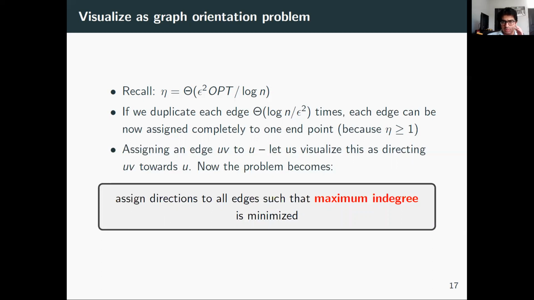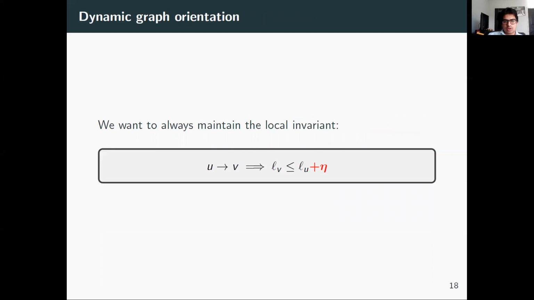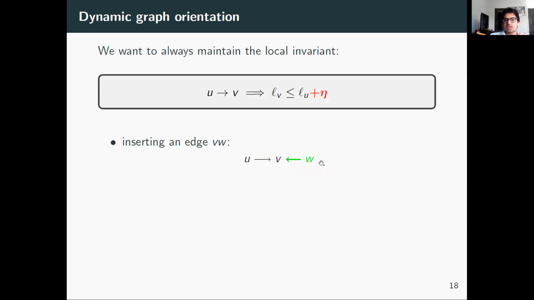Okay, so now we have the problem of minimizing the maximum in-degree and assigning directions to make sure this happens. And the underlying system we have is that we are adding edges and deleting edges. Again, we want to maintain this local invariant at all times, and we proved that maintaining this local invariant also maintains the global near optimal solution. So once we have this kind of invariant, suppose we insert an edge w to v.